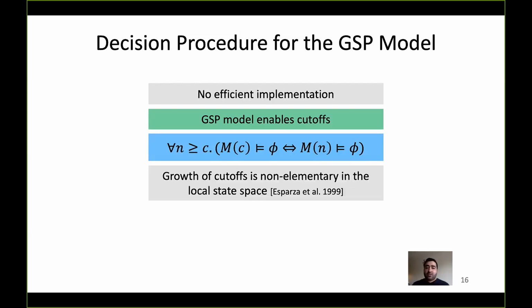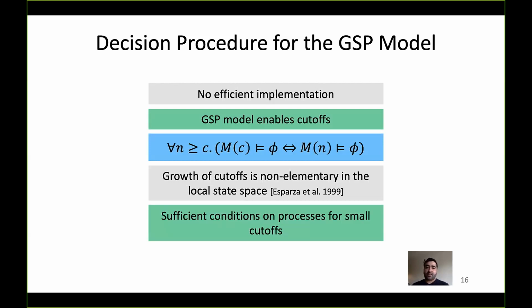However, while such cutoffs may grow really large, we were able to define a set of sufficient conditions that you can check on the process local definition that will yield small cutoffs and hence enable practical parameterized verification. In the interest of time, I will not go into the details of cutoffs, but I really invite you to look at the paper and check them out.